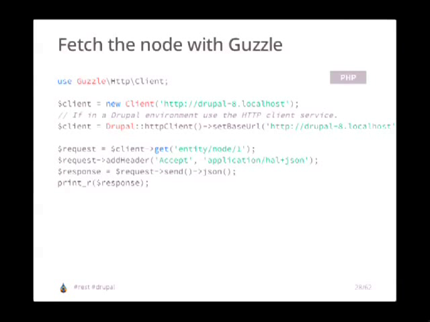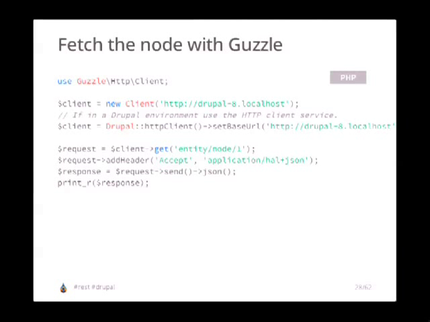We also have introduced the Guzzle library in Drupal 8, so that's a little bit easier to use and a little bit more object-oriented, and it throws exceptions if something goes wrong. So I would recommend taking a look at Guzzle if you're developing new stuff for Drupal 8, which is also included in Drupal 8 core. So if you're not getting the library with Composer, for example, if you're in the Drupal environment, you can use it from Drupal.